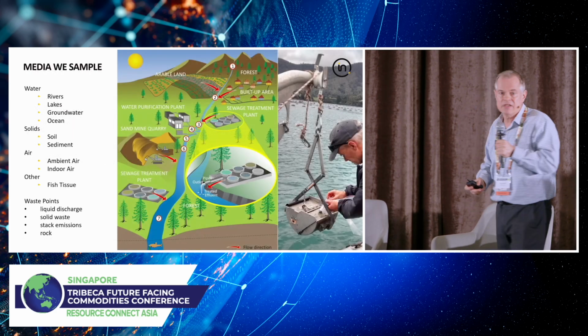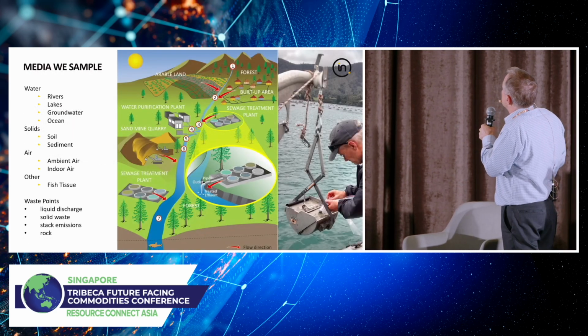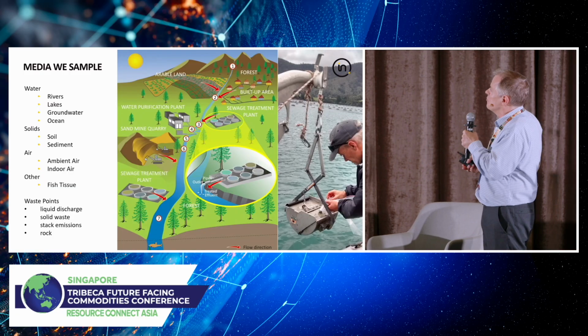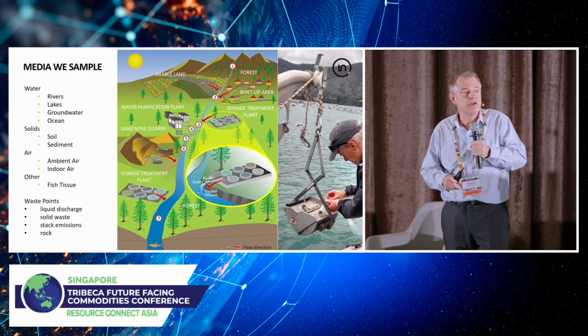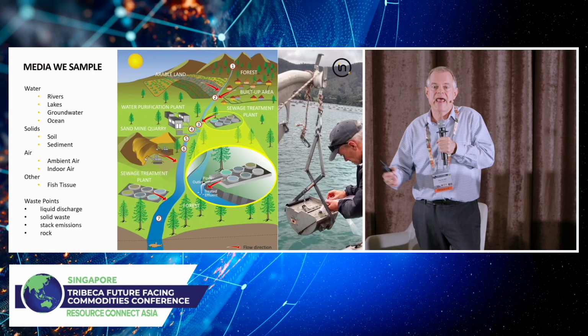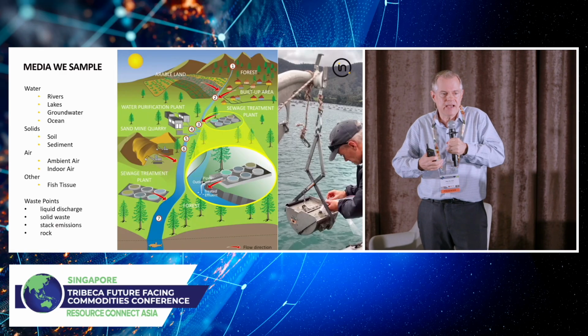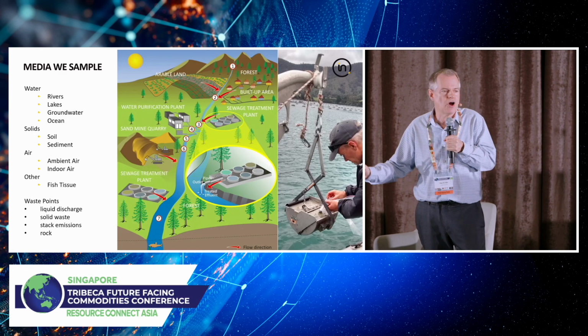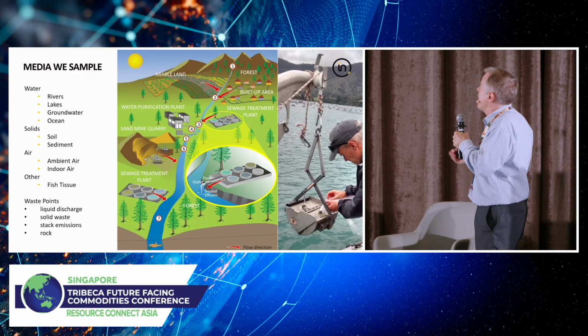If you look at the illustration here, imagine a gold mine near a river, and no matter how hard the gold mine tries, eventually at some point it can happen that these cyanometallic species will get into the water. It's very difficult to have zero tolerance for this. It can happen.